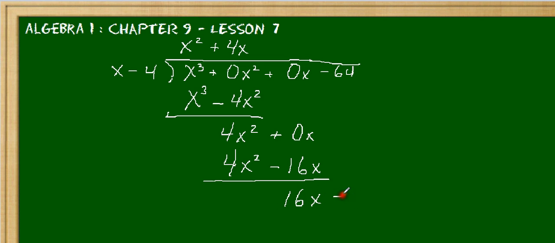Now I bring down my negative 64, and now I can divide x into 16x, and that would be positive 16. Positive 16 times x would be 16x, and positive 16 times negative 4 is going to give me negative 64.